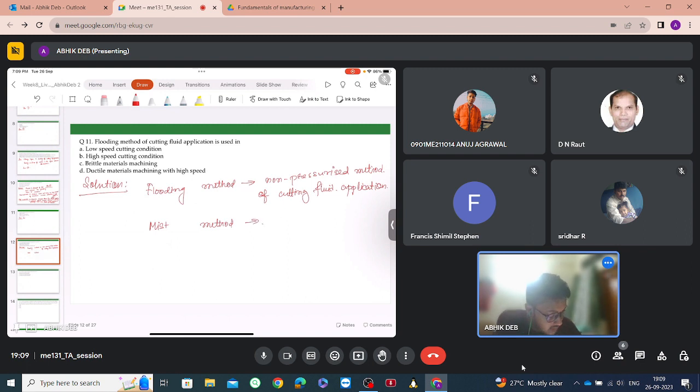It consists of pressurized air plus atomized cutting fluid.